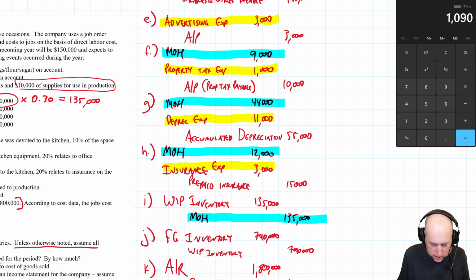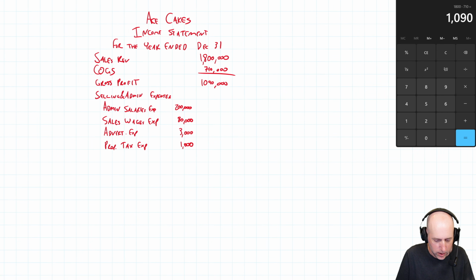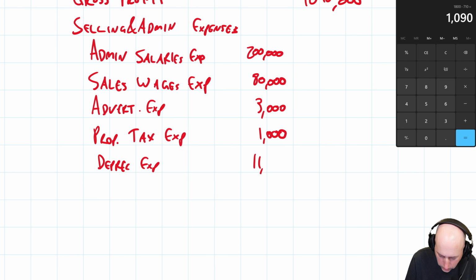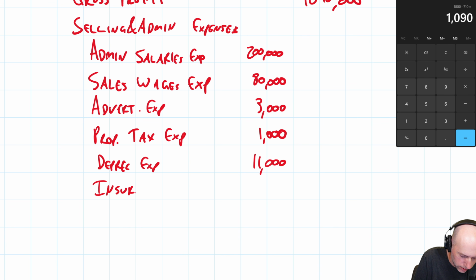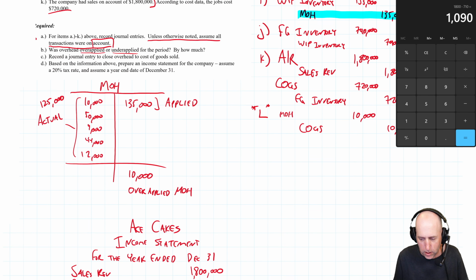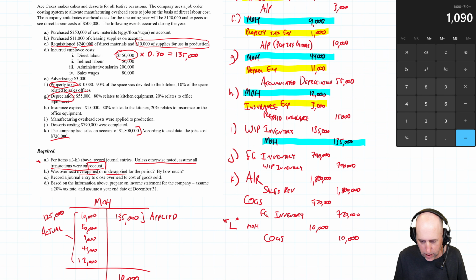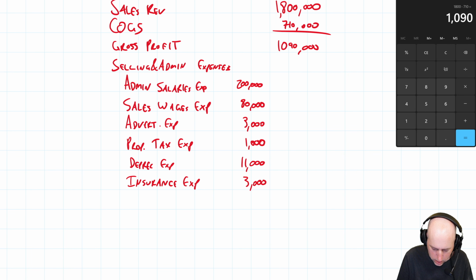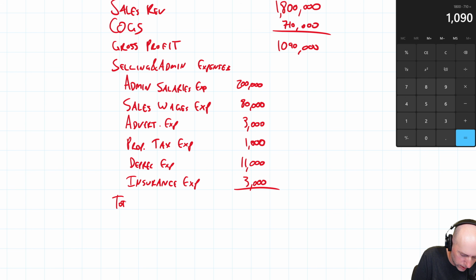Depreciation expense and insurance expense, those are our last two. I think it was 11,000 and I forget what insurance expense was, so I'll go back up and check. 11,000 and 3,000. Okay, so that's it. 1, 2, 3, 4, 5, 6. Yeah, that's how many I thought I would have.